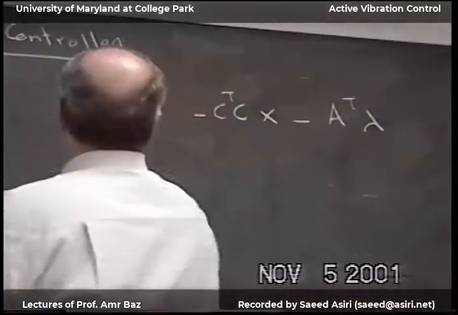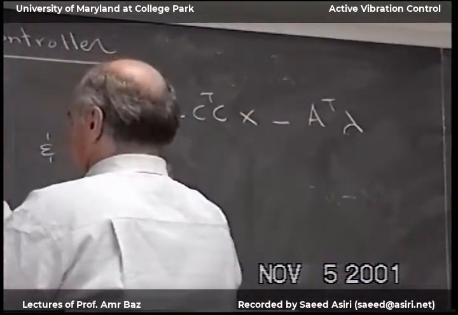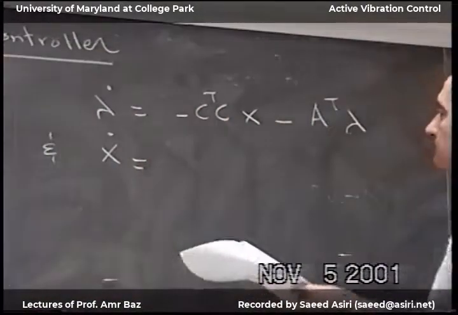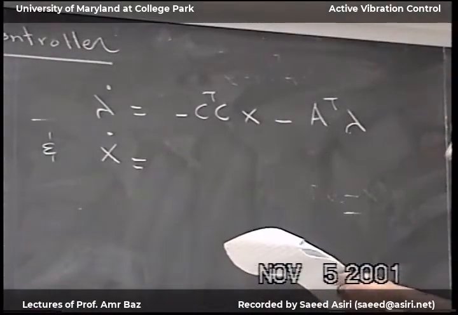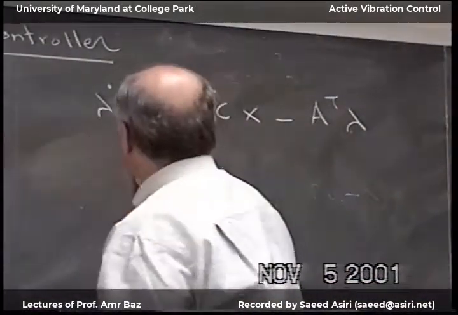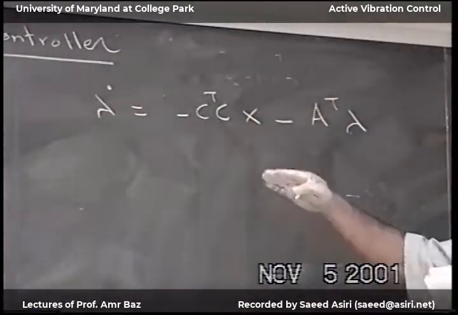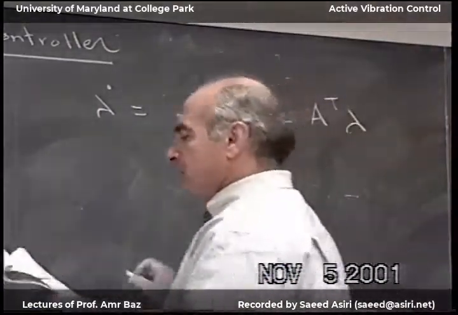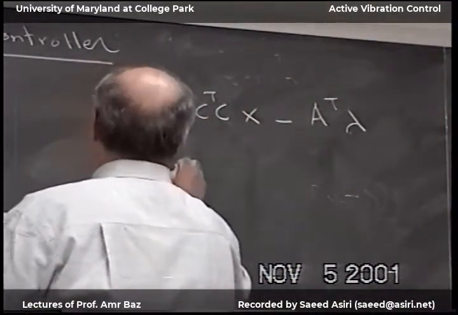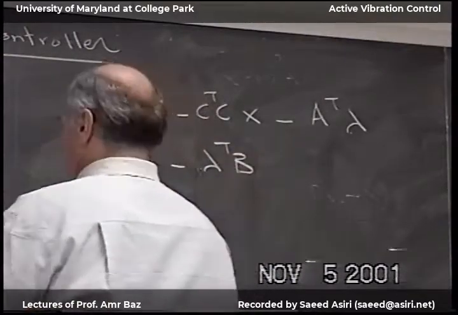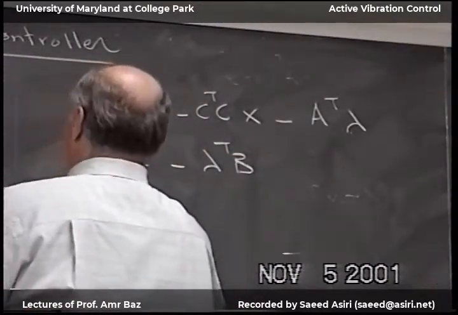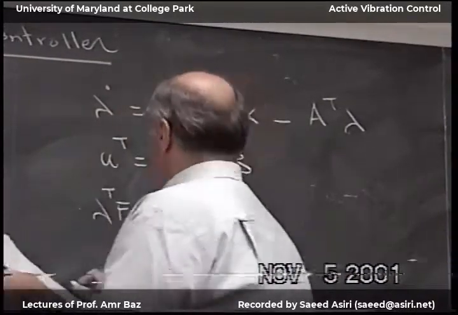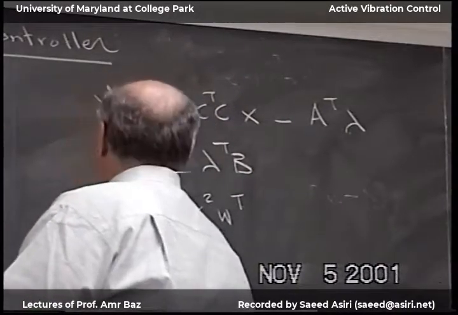And x dot will equal to... let me leave this for a minute. I'll write down the original equations that we get from equating the coefficients of the deltas equal to 0. This is one of them. The second, u transpose will equal to minus lambda transpose B. The third, lambda transpose F will equal to gamma squared W transpose, and the equation of motion.